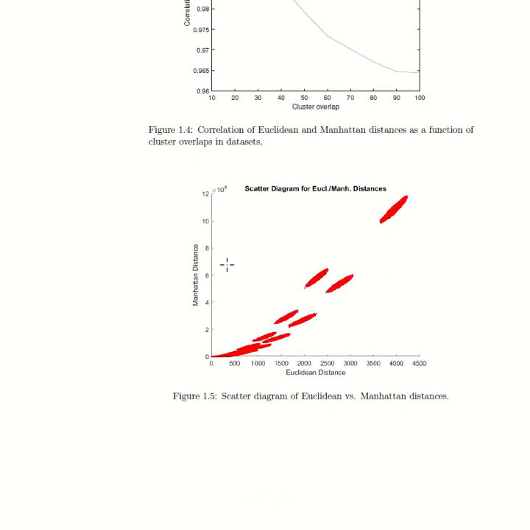Here we have also another graph. We have a scatter diagram for Euclidean and Manhattan distances. We have Euclidean distance on the x-axis, and Manhattan distance on the y-axis. And we see that the regression line, if we draw it here, is almost linear.